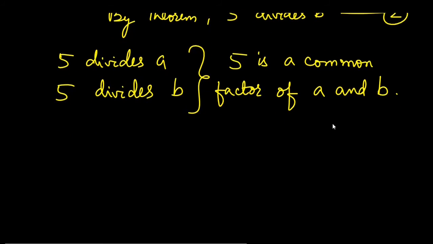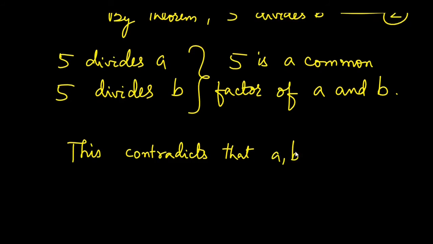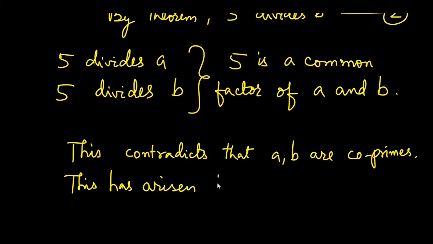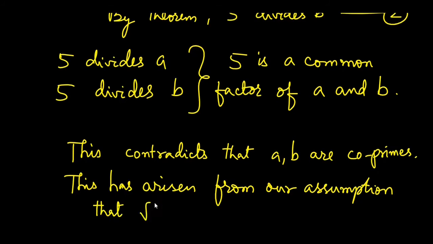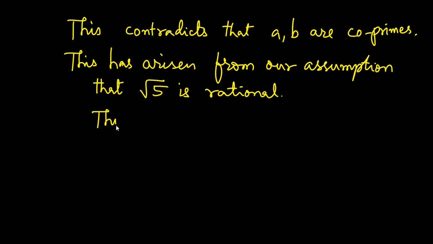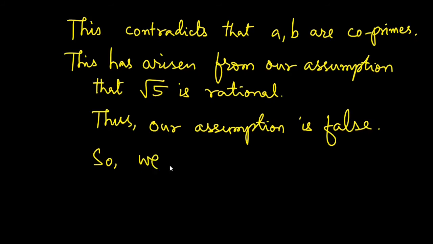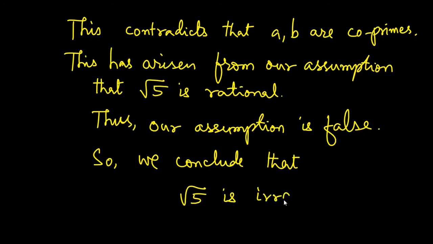But we have taken that a and b are co-primes. This contradicts that a and b are co-primes. This has arisen from our assumption that root 5 is rational. Thus, our assumption is false. So, we conclude that root 5 is irrational.